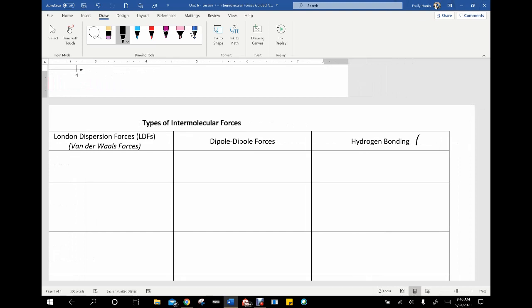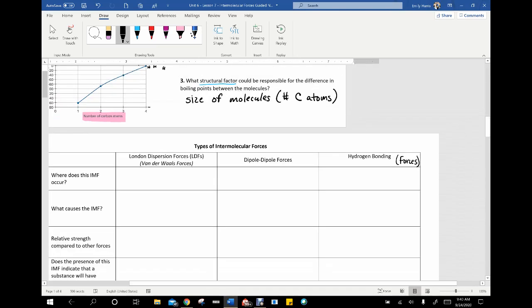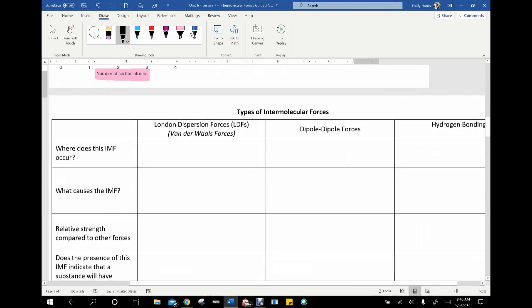And so I'm going to put this in parentheses. Now remember, even though hydrogen bonding has the word bonding in it, we're still talking about intermolecular forces between molecules, not a bond within a molecule. So it's a little misleading, but we'll talk about that in a second.